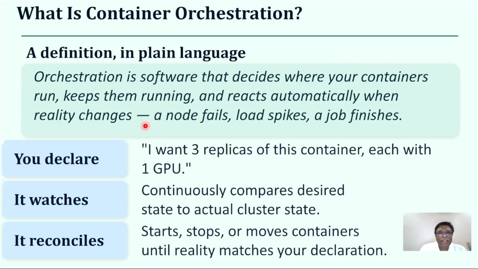The state change can be a node failing, a load spike, or a job finishing. These are the three conditions under which the state of my total container environment is going to change.